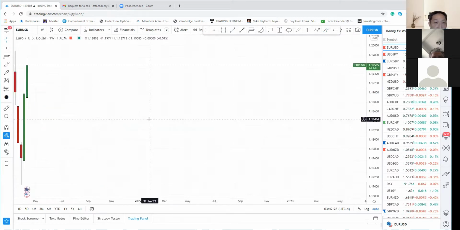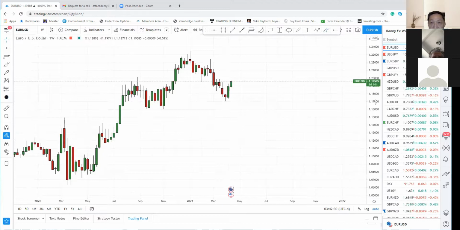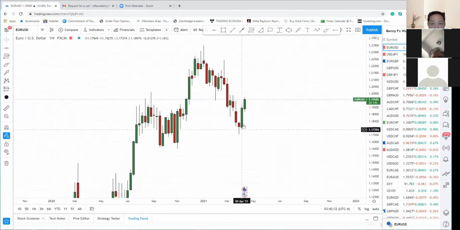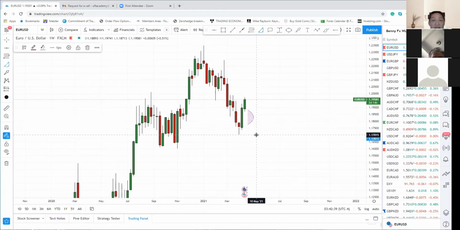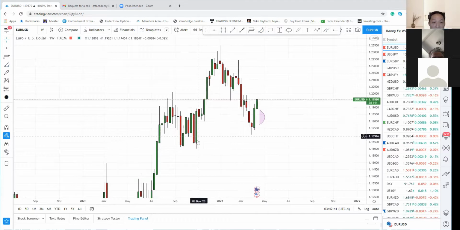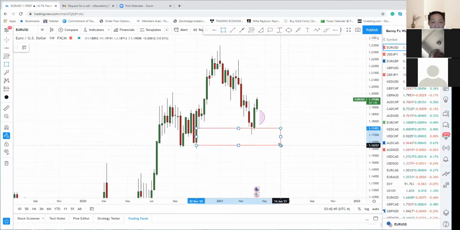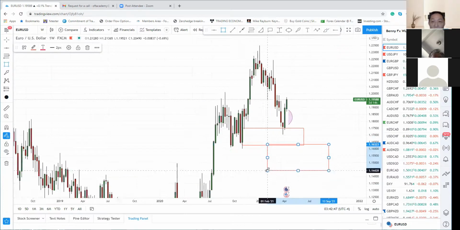If you take a look at this candlestick, it's an ERC. So what does it mean? Gaps, right? Now look at this gap. This is also a gap. What else do we have?